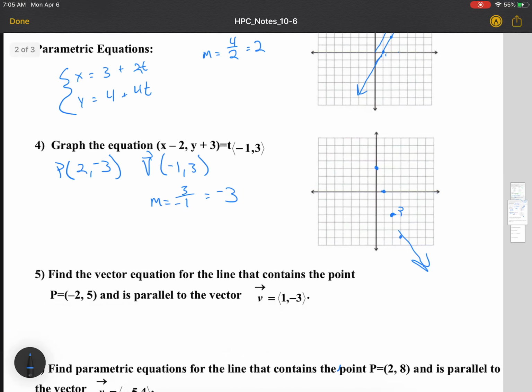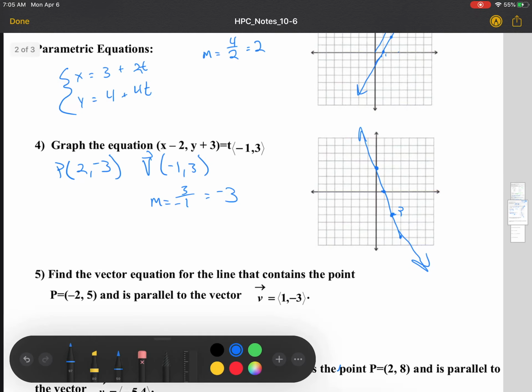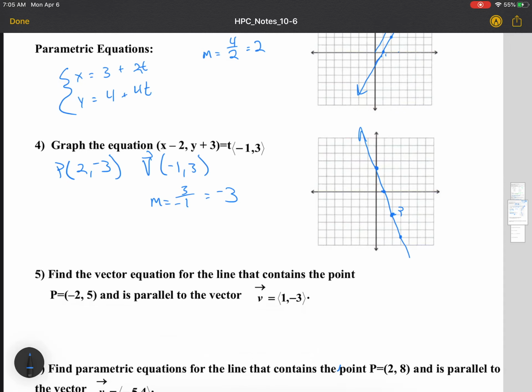Because this point should be right there. There we go. And then our vector, like I said, -1, 3, is going to be this guy right there, parallel. Okay, so notice that vector is parallel to the line.